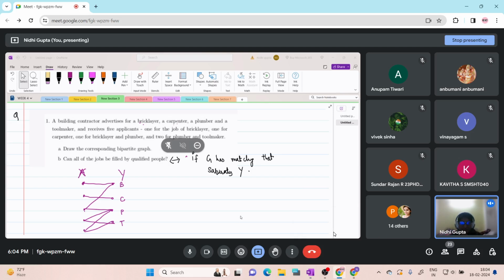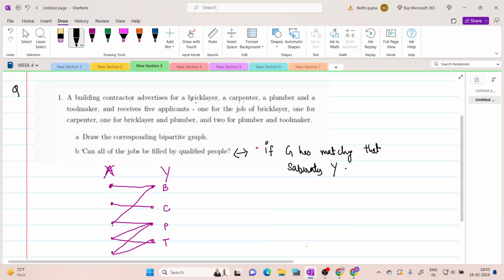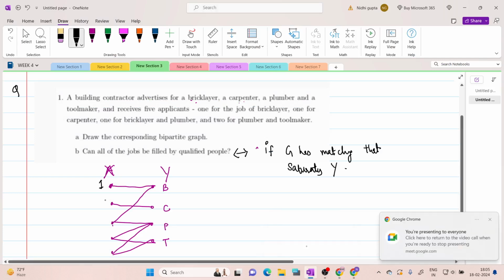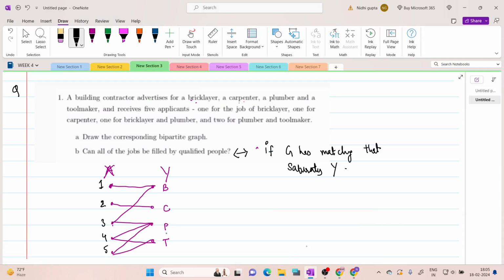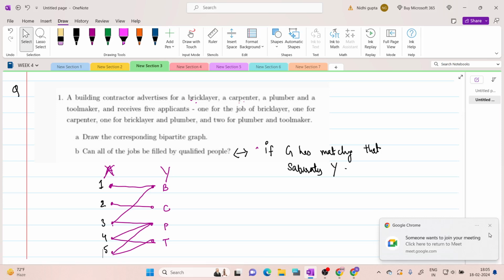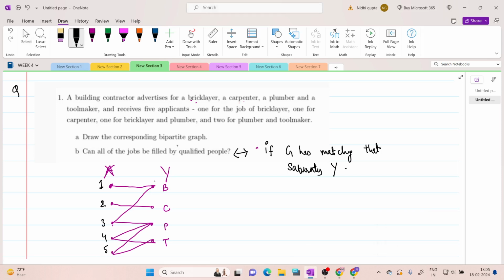So can anybody give me a matching for this graph? Sorry, not a perfect matching, a matching that saturates Y. What is that matching? A matching which is covering all vertices of Y. So is there any matching here which is covering all vertices of Y?